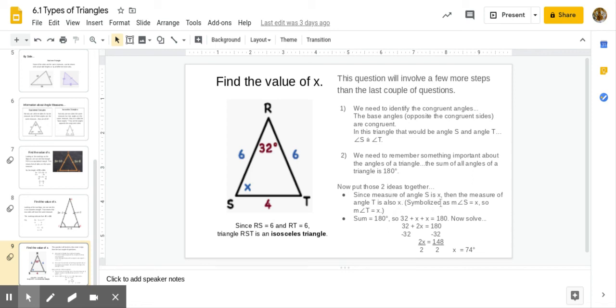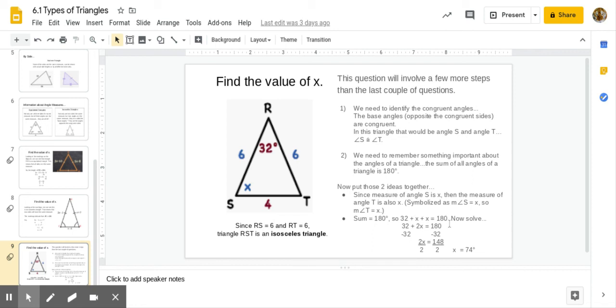We would symbolize it this way. The measure of angle S equals x. The measure of angle T equals x. So since they're all going to add up to 180 degrees, 32 from angle R, x from angle S, and x from angle T, all 3 of those right here have to add up to equal 180.